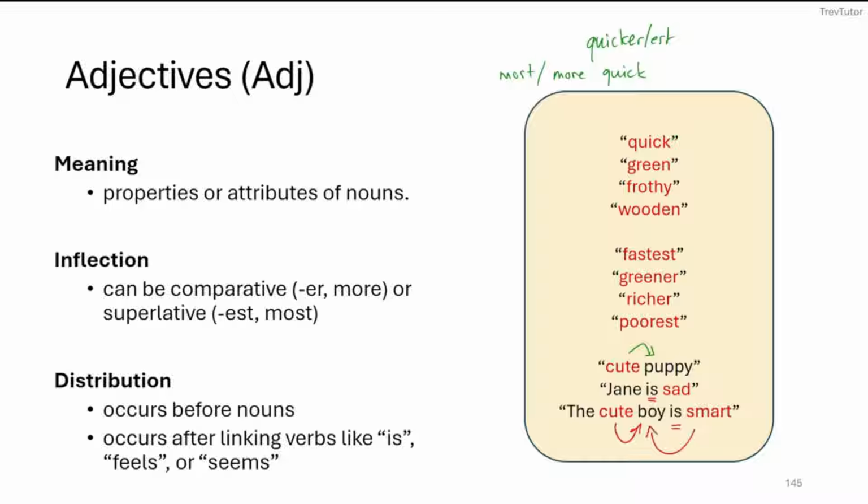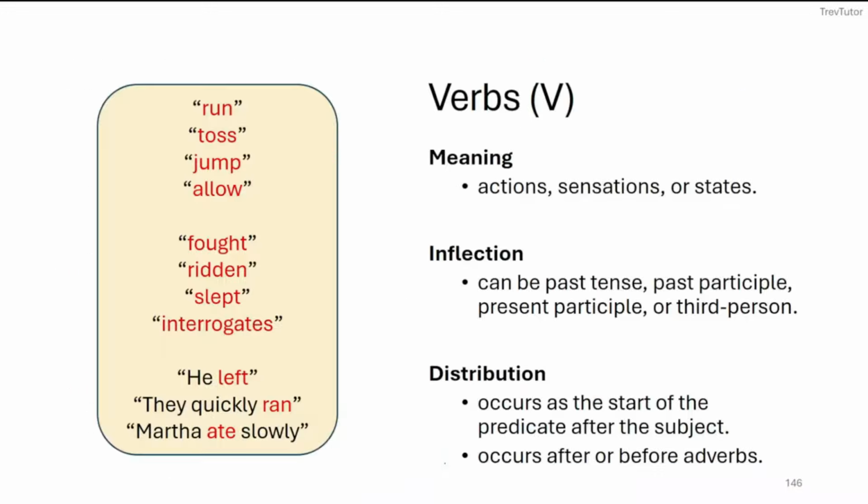So these are adjectives in both of those positions. The ones where adjectives occur before nouns are called attributive adjectives, and the ones where adjectives appear after a linking verb like is are considered predicative adjectives. So if you ever hear those two terms, that is what those mean.